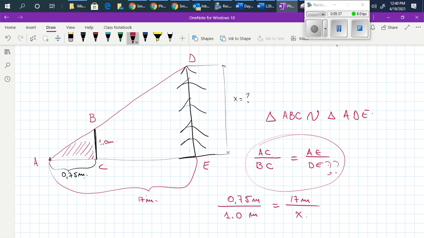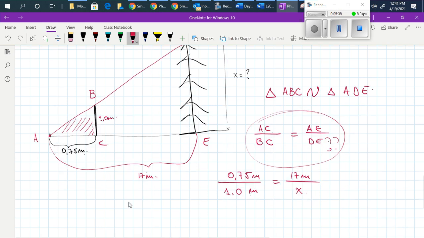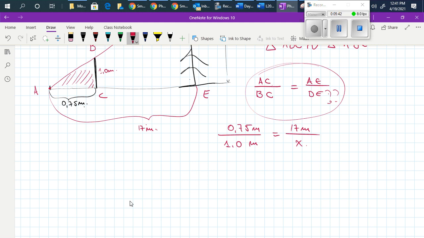So now what we have is just a ratio, and we cross multiply the two that we know. So 17 meters times 1 meter, divided by 0.75 meters.